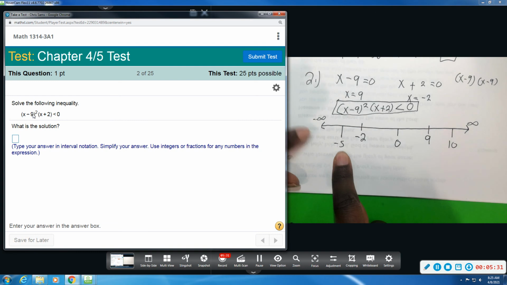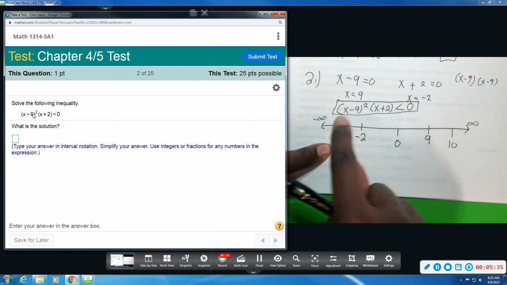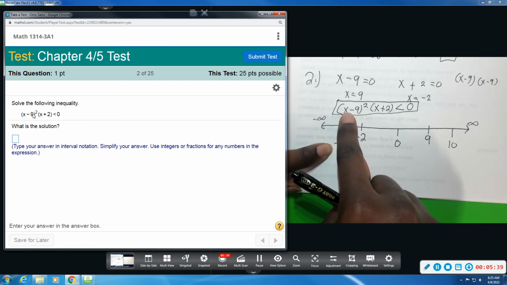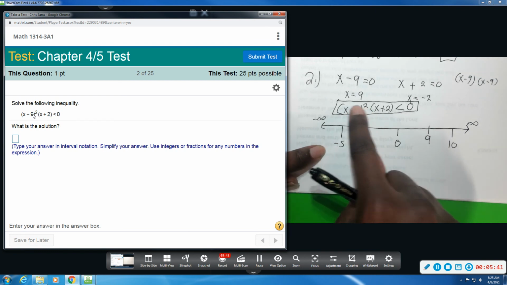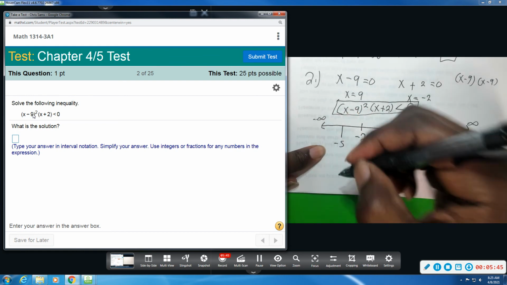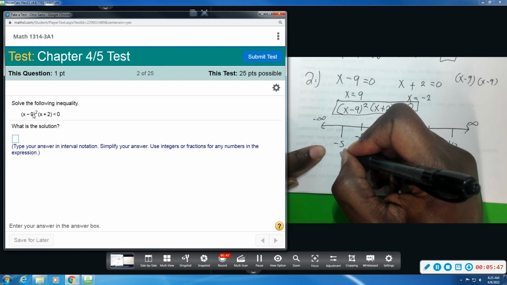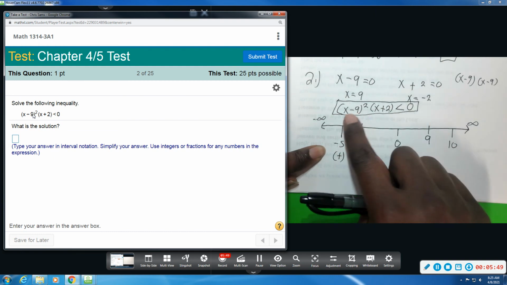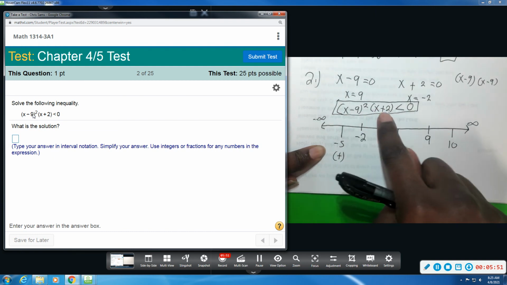Okay, so what I'm doing is I'm going to be plugging negative 5 for x in both of these. When I plug a negative 5 here, I will get a negative number. But when you square a negative, it doesn't matter what you get here, positive or negative. When you square it, the result is going to be positive. So this first number is going to be a positive number. And then we have to multiply a positive number times something here.